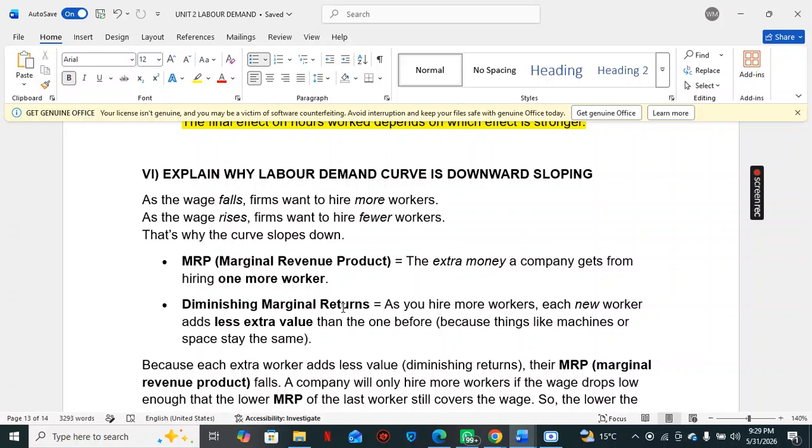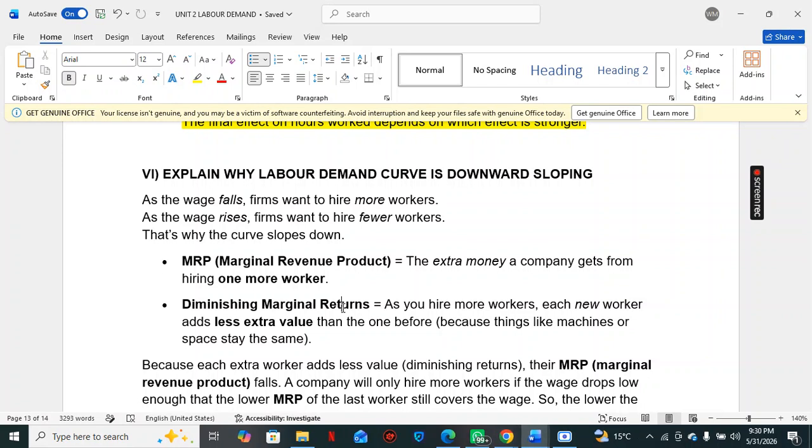Remember, for example, just imagine this. You own a sewing business and you've got three sewing machines, right? When you hire one worker, they will work on that sewing machine. They'll be able to produce as much as they can of whatever fabric you are sewing or producing.